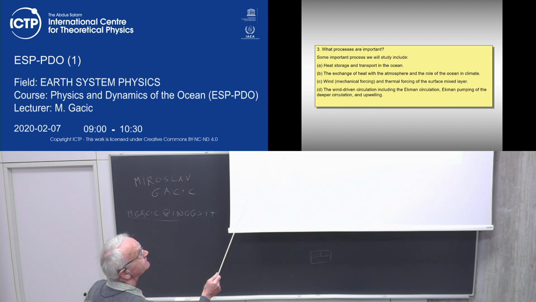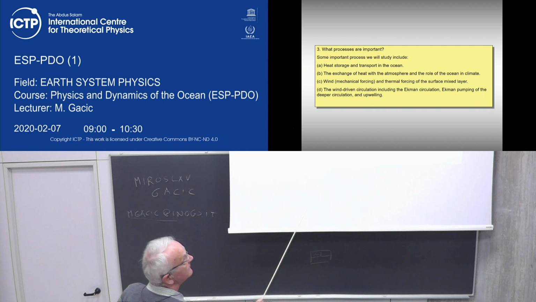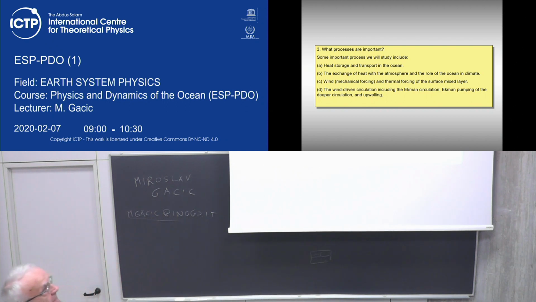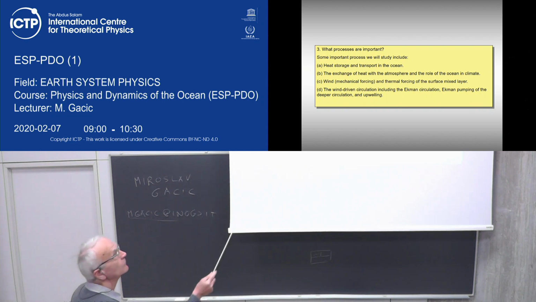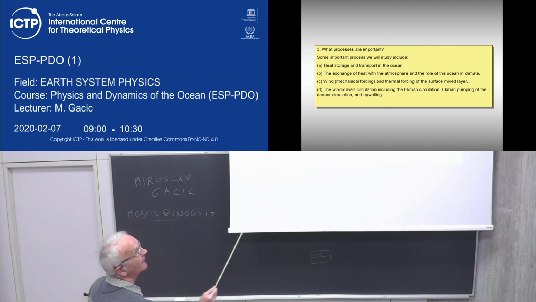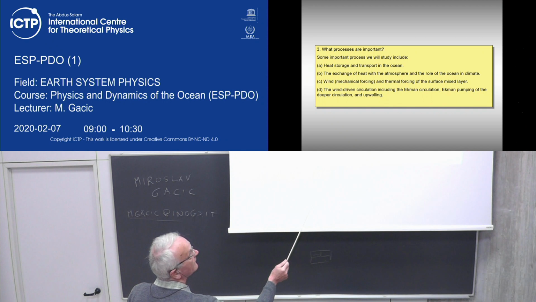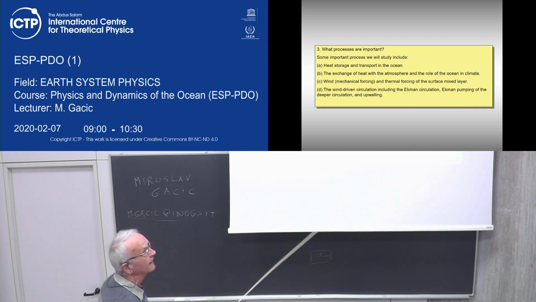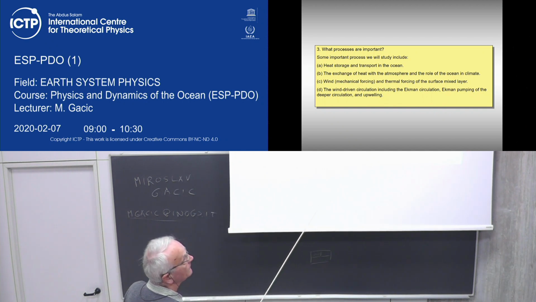And the last thing is the wind-driven circulation, which is due to this wind mechanical forcing. This is the Ekman circulation, Ekman pumping. We will be discussing this much more.